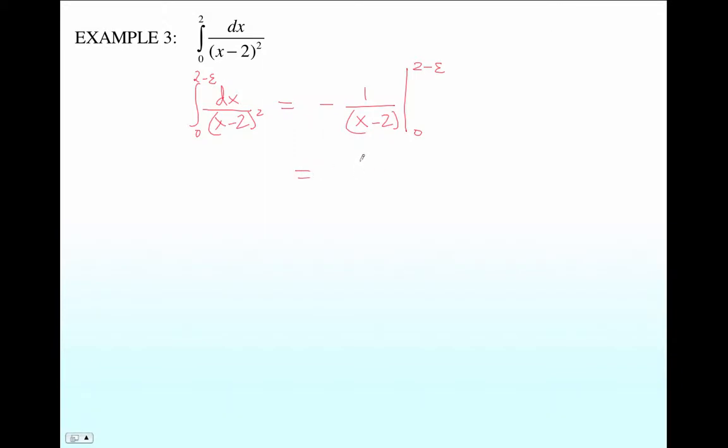The result of which, when we put x equal to 2 minus epsilon at the top, is 1 over epsilon. And when you put x equal to 0 at the bottom, that's minus 1 over 2. Now, clearly this goes to infinity as epsilon goes to 0. And so this integral does not exist.